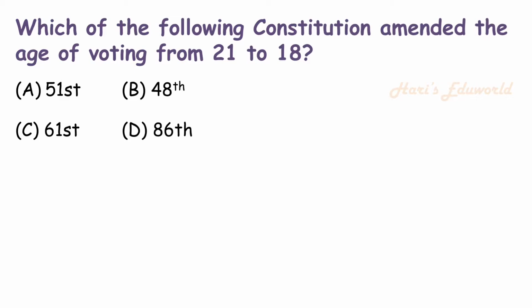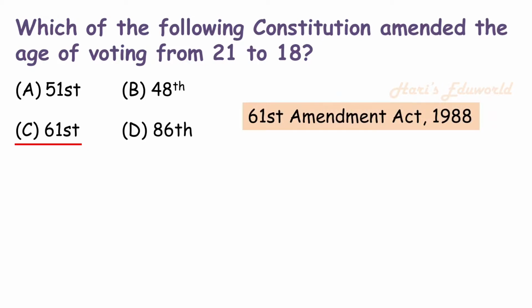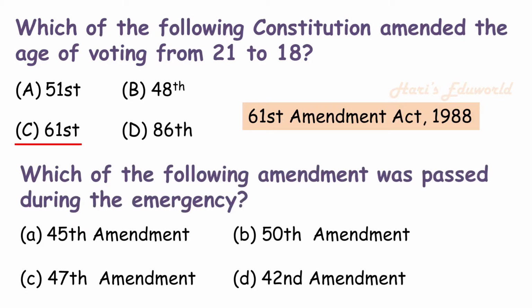Which of the following constitution amended the age of voting from 21st to 18? Answer option C, 61st Amendment Act 1988. Which of the following amendment was passed during the emergency?